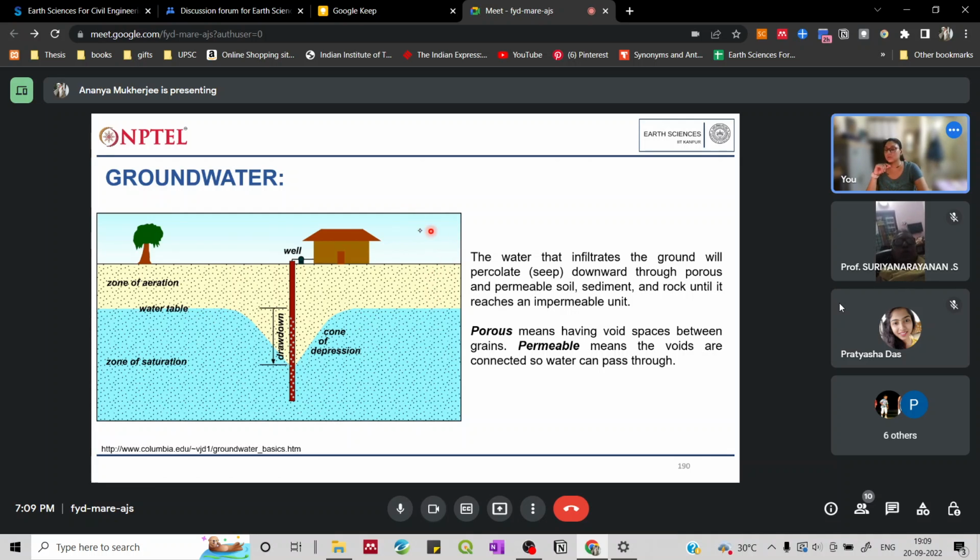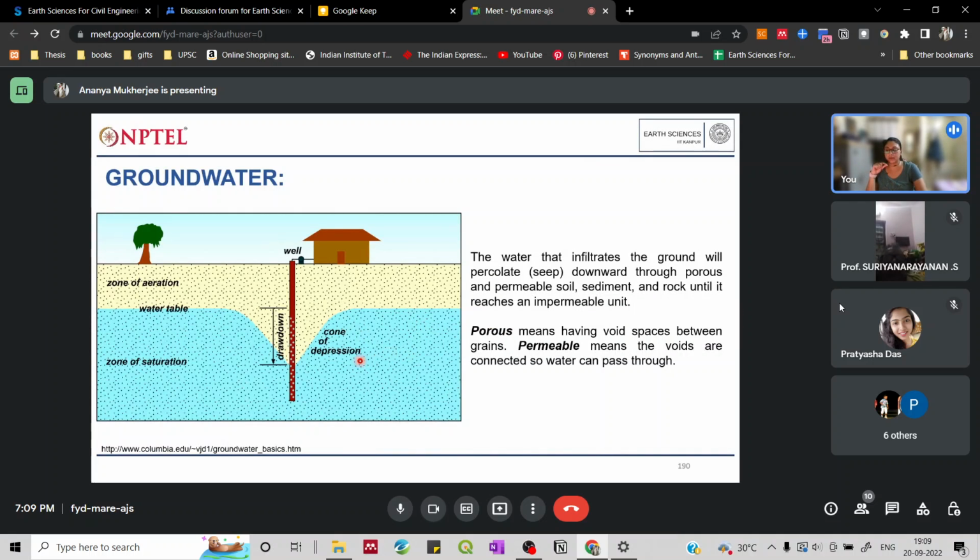Suppose this area is being affected by rainfall, so whatever surface water is accumulated over here will start slowly infiltrating and percolating downwards through this porous and permeable soil, and it will reach the zone of saturation. In a coming slide, we will learn the different kinds of geological formations which help in holding such groundwater.